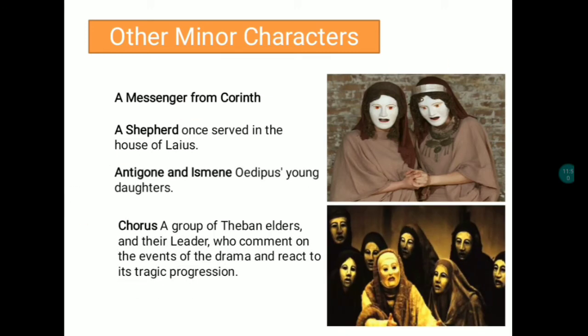Now another character, rather a band of characters, the chorus. The chorus is a group of Theban elders, with their leader, who comment on the events of the drama and react to its tragic progression. Mainly their role will be traced during the play, and their role has been put forward with the typical plot structure of the stasimon. Okay, we will know what exactly a stasimon is later.